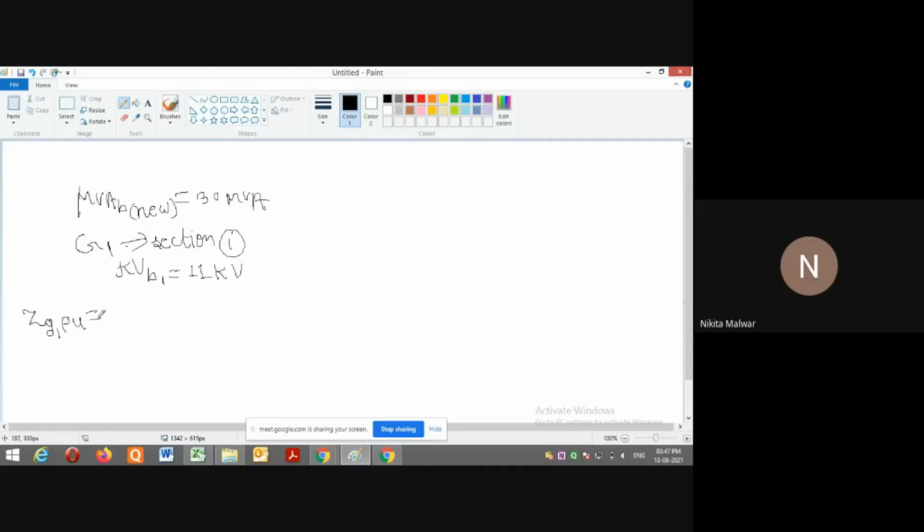Your formula is Z old multiplied by MVA base new upon MVA base old multiplied by kV base old upon kV base new whole square.